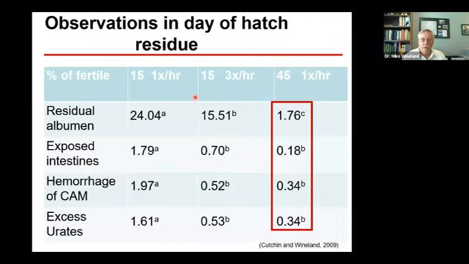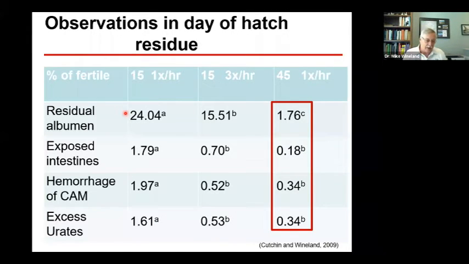Okay, she also looked at some other symptoms that she would see in the eggs and in the chicks that hatched. And she looked here at the amount of residual albumin. What was the frequency of residual albumin? And you can see here it was 1.76% in the 45, but had increased tremendously to 24% when they were turned only at 15 for one time per hour.